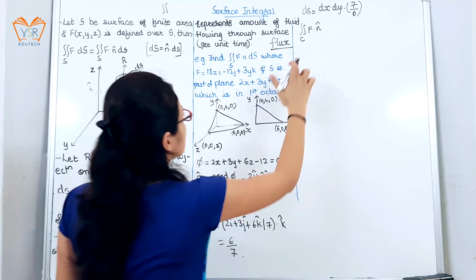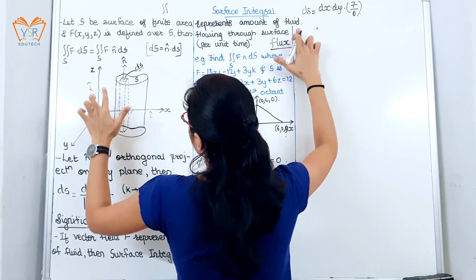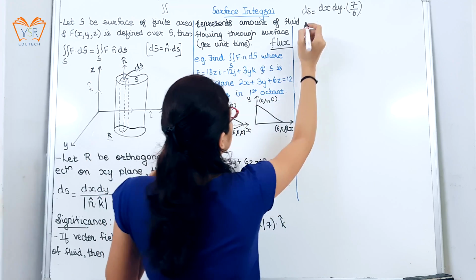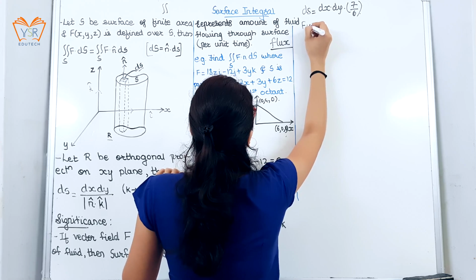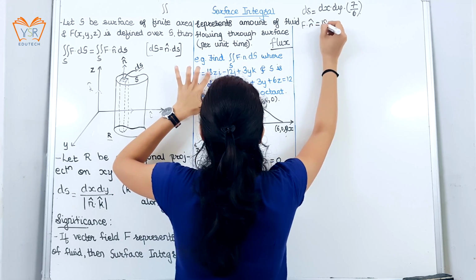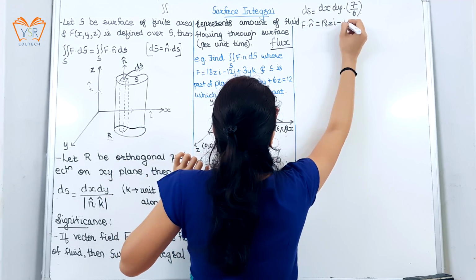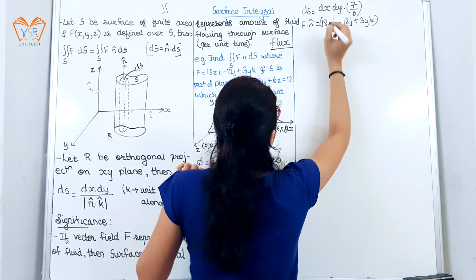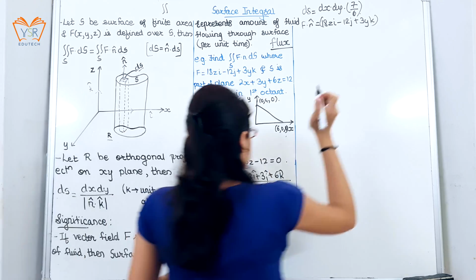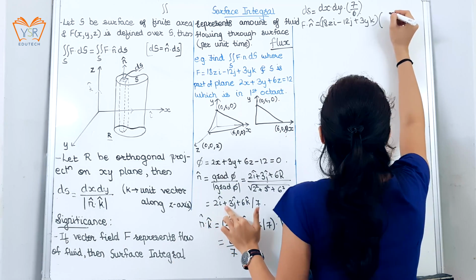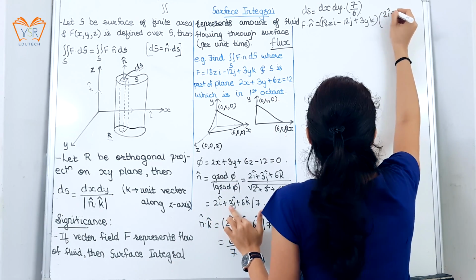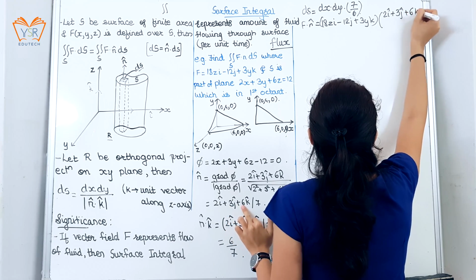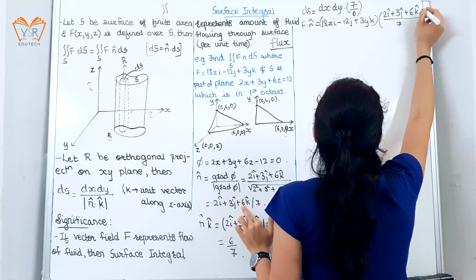Before that, we'll multiply this vector point function with the unit vector. Our vector point function is 18zi minus 12j plus 3yk. We'll multiply it with n cap, that is 2i cap plus 3j cap plus 6k cap divided by 7.